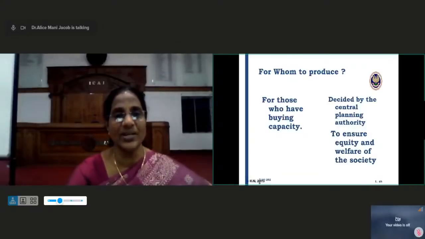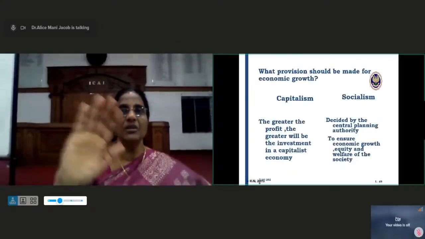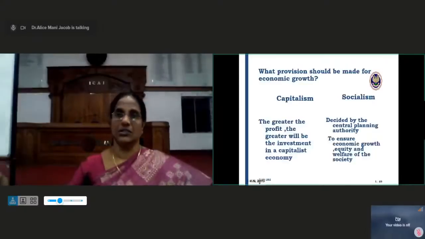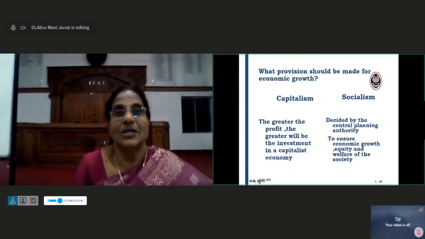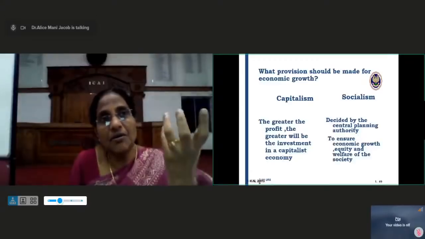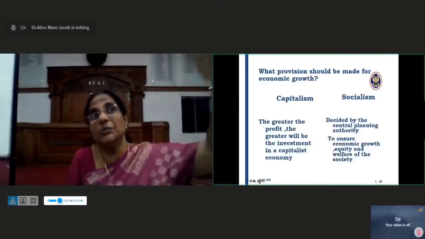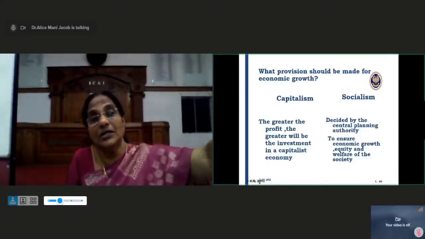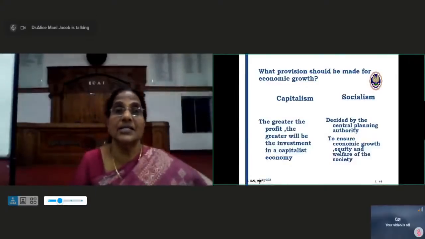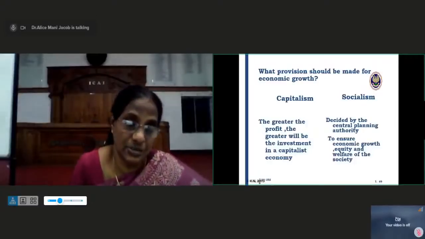And the last question, what provision should be made for economic growth? How much is to be set apart for further investment? Come on. It depends on the profit making in capitalism. If something is going to make great profit for me, come on. Profit motive. The profitability decides how much is to be invested.